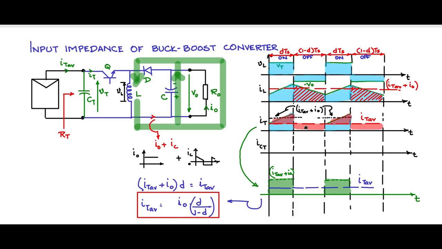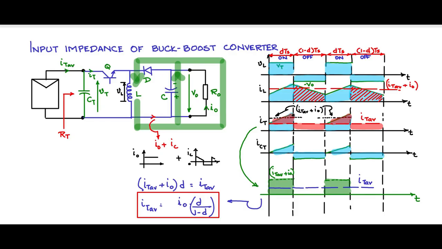So this portion, if we write it down separately here, you will see that ICT will have a wave shape something like this. During the DTs period, there is current flowing through Q. The average component, the DC component, is coming from IT average.